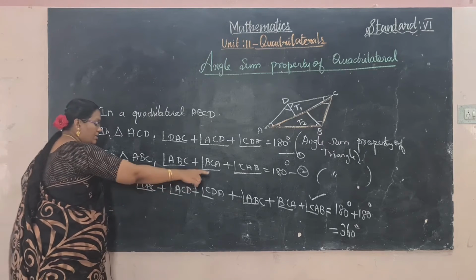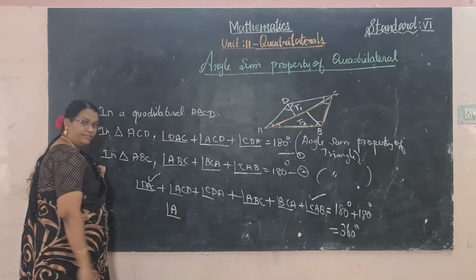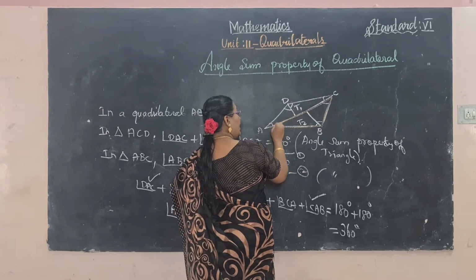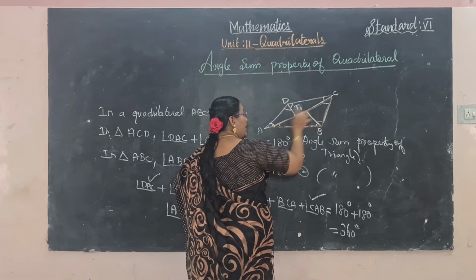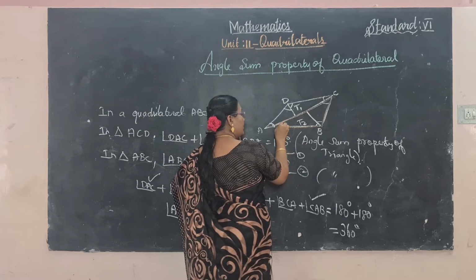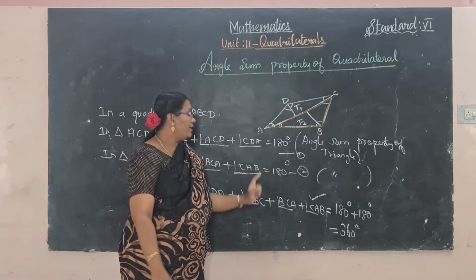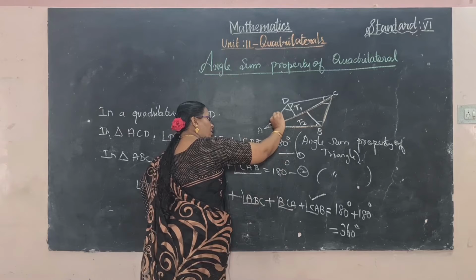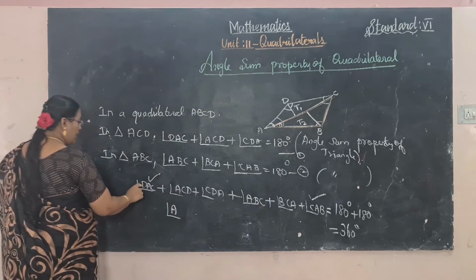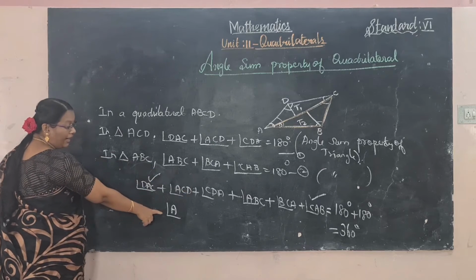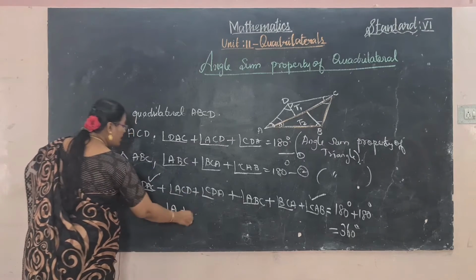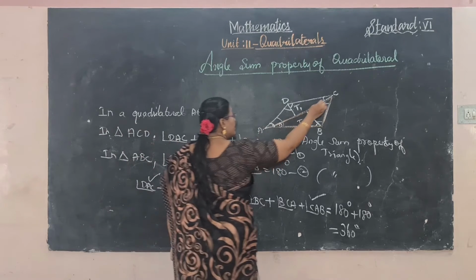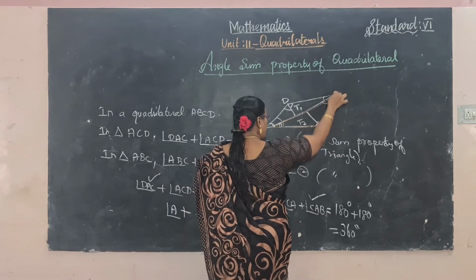A. Listen carefully: the sum of these two angles, DAC and CAB, makes the whole angle A. So we can write these two as angle A. Now see ACD and ACB.